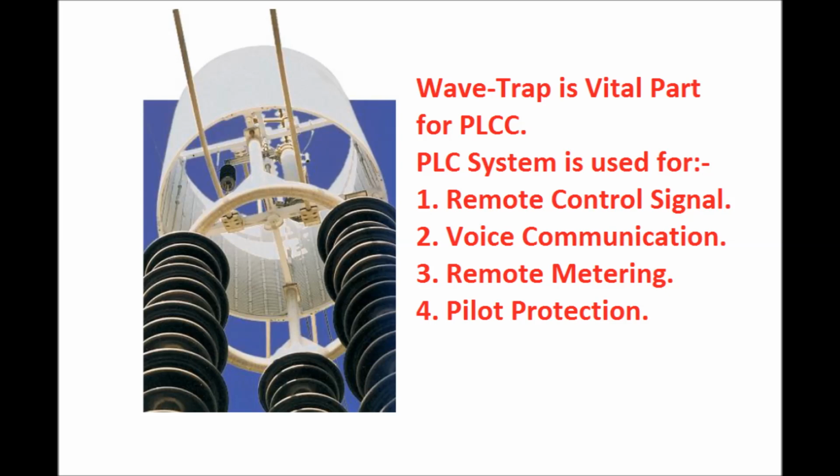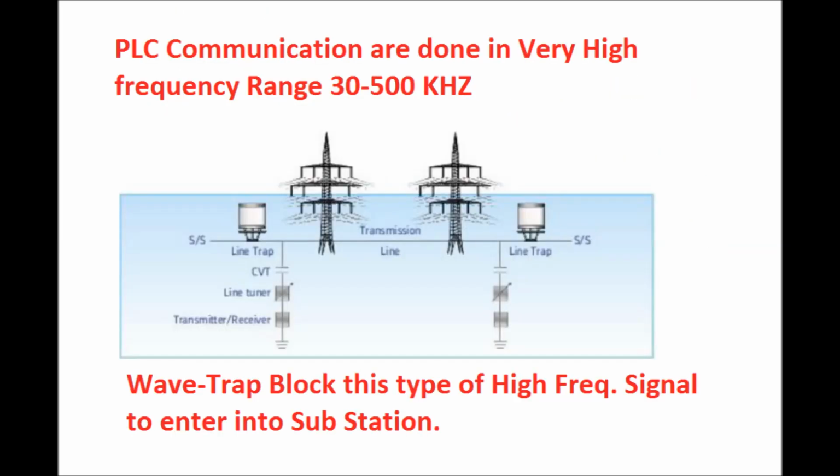And number four, which is a vital part, is pilot protection. That is, carrier aided protection can be done via this power line carrier communication. Power line carrier communication is done at very high frequency, in the range of 30 to 500 kHz.